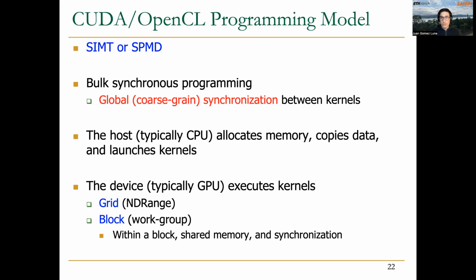And all threads that run inside the same thread block can share memory and can synchronize. The reason for that is that they all execute inside the same GPU core. And then we have the threads that in OpenCL are called work items.